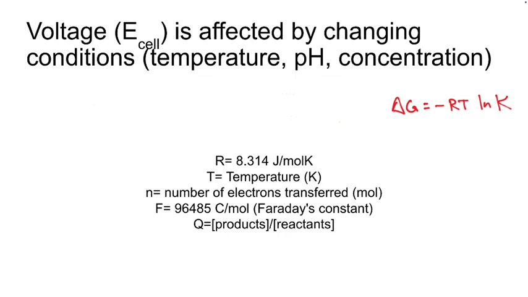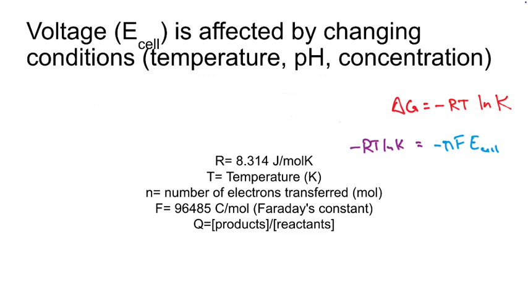I think it's still delta G. Delta G equals negative nF times the cell potential, which means both of these equations are relatable to each other, and I can get RT ln of K. Why is that going to become useful? If I rearrange and solve for our cell potential, the cell potential is going to be dependent on temperature. Cool, I can see that temperature dependence.